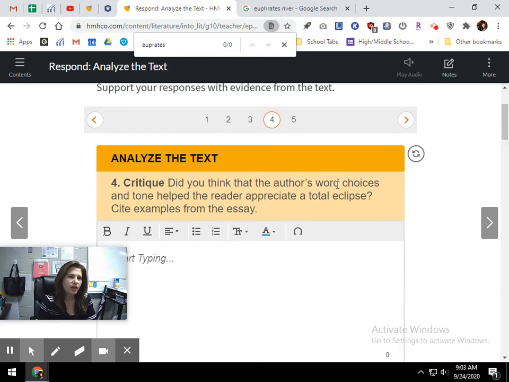So how does that tone and the word choices that she used help you to feel like you were there? Because I think that's what this author was trying to do, is make us feel like we were there experiencing it ourselves. So give me some examples. So I would just pick some of the most descriptive language from the text, a sentence or two, that made you really feel like you were there or that you could picture in your mind what she's talking about, and just discuss that.